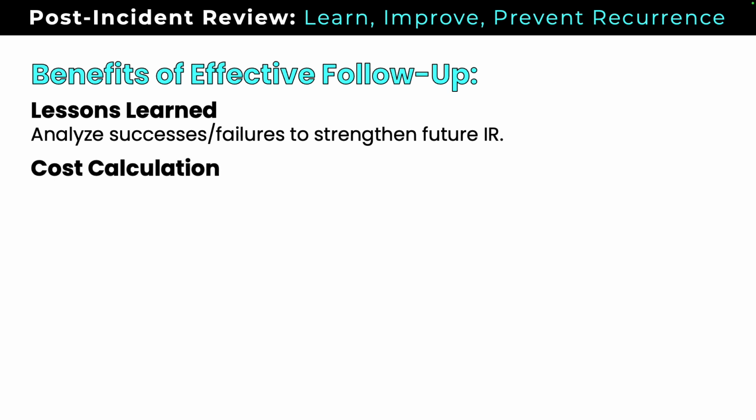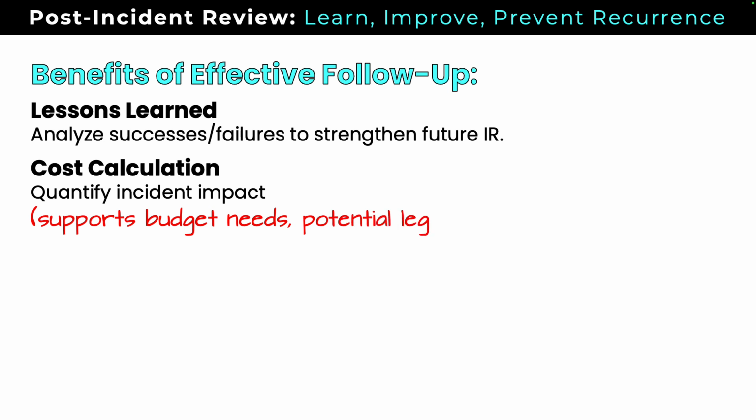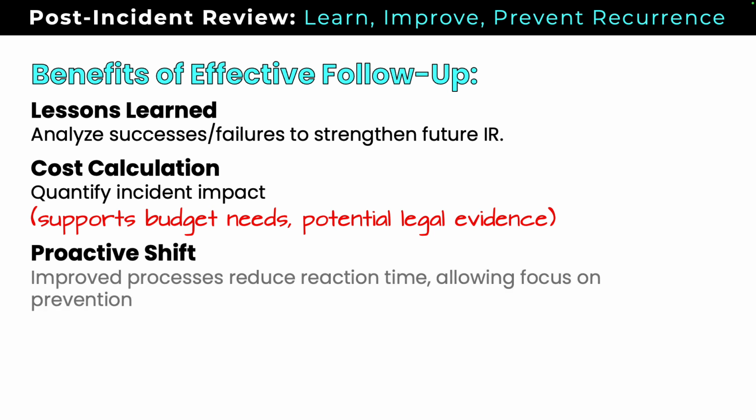Cost calculation. So quantifying incident impact. This supports our budget needs and our budget request and potential legal evidence. There's a proactive shift here. Improved processes reduce reaction time in the future, allowing focus on prevention. And driving the review.